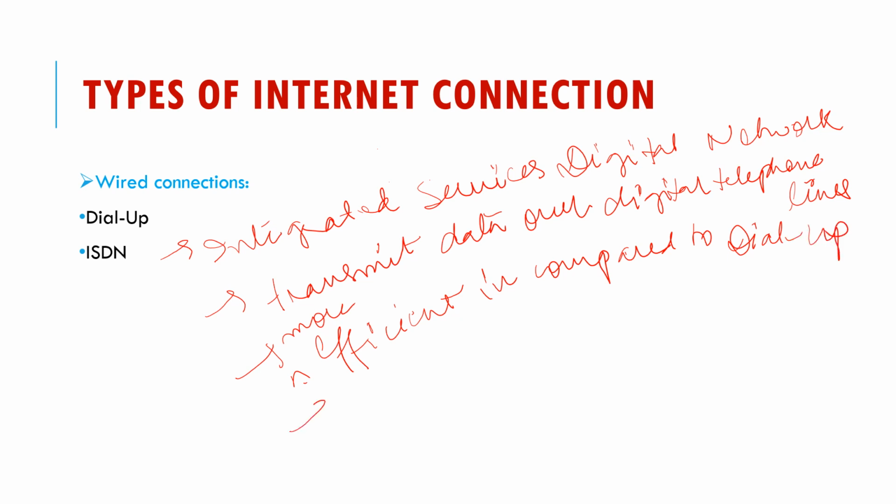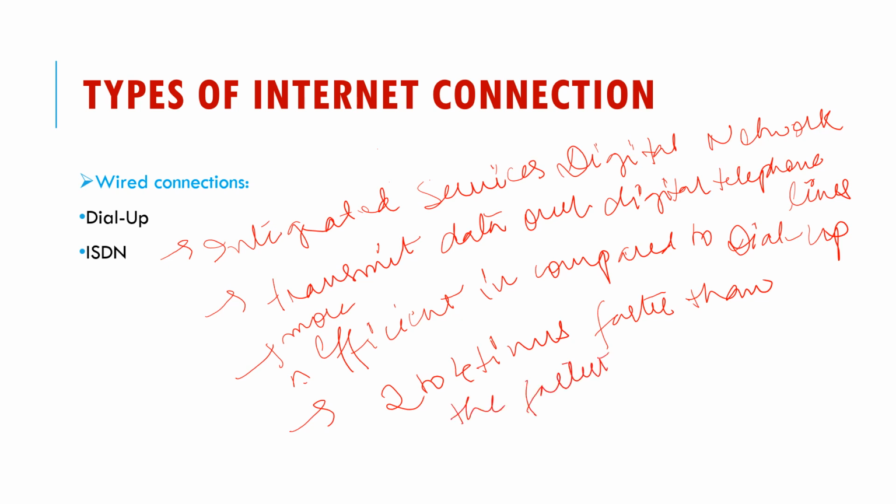Connection through ISDN is also 2 to 4 times faster than the fastest modems.